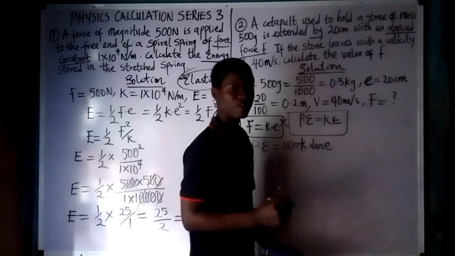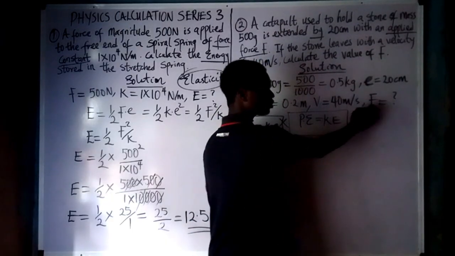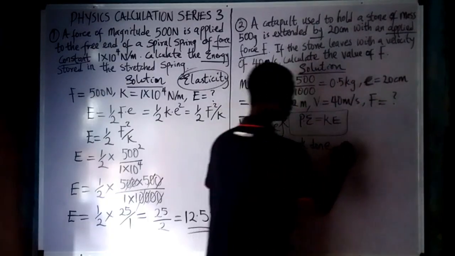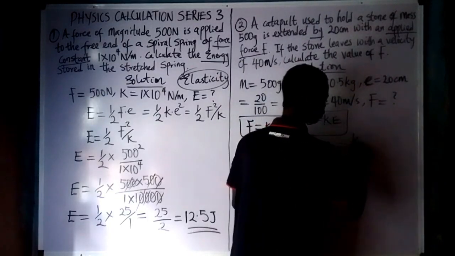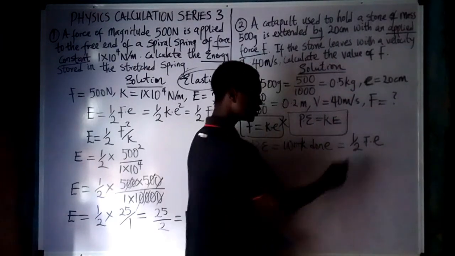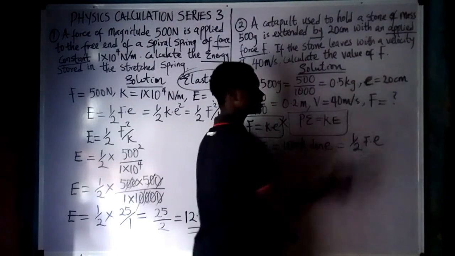Because force is what we are trying to look for, the formula for work done we'll be using is equal to 1/2 force times extension. Because in this one you have force, and you also have extension.